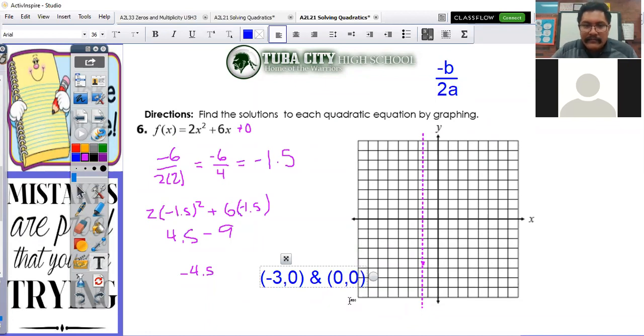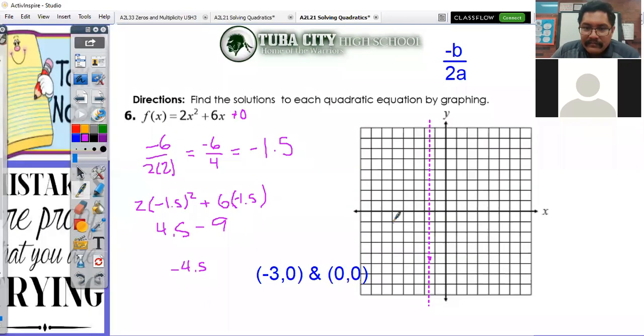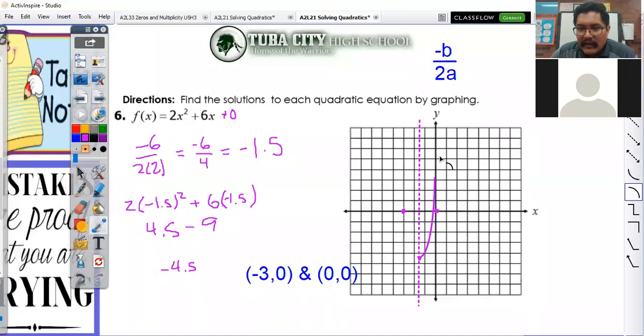All right, there we go. So we graphed it anyway. And again, you can use a table, which I did with my last class, but that did take a while.